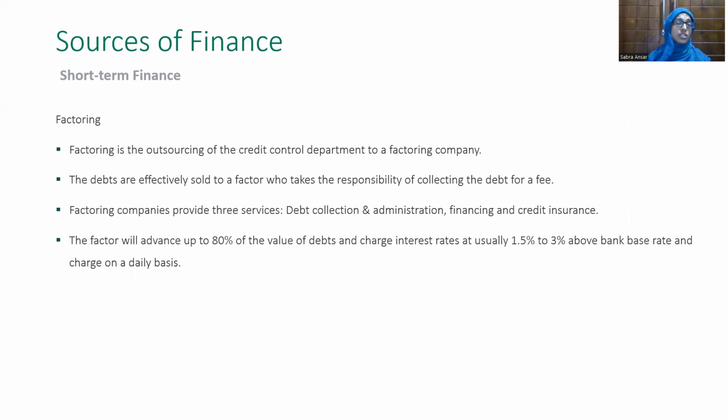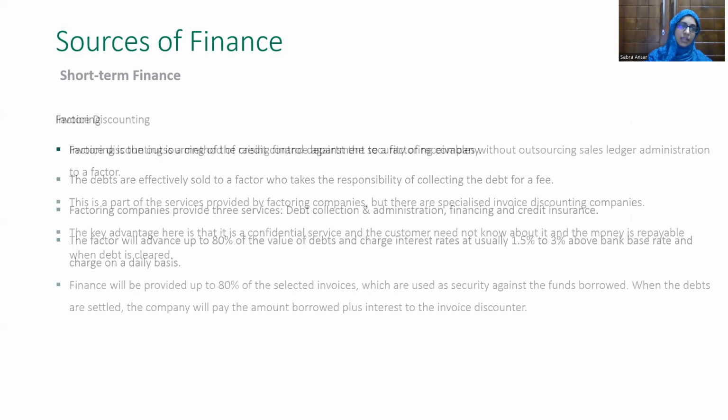So the factor will generally advance up to about 80% of the value of the debt, and it would have an interest rate of around 1.5 to 3, charged on a daily basis.